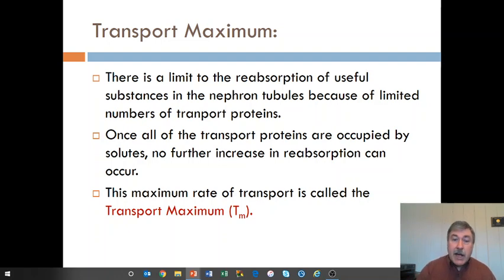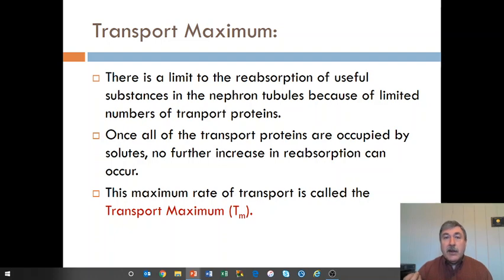But if someone has diabetes mellitus, then their blood concentration of glucose is going to increase much higher than normal. And so when that gets filtered in the kidney, the filtrate is going to have a much higher concentration of glucose. If that exceeds the transport maximum, then that excess glucose is going to get excreted in the urine.